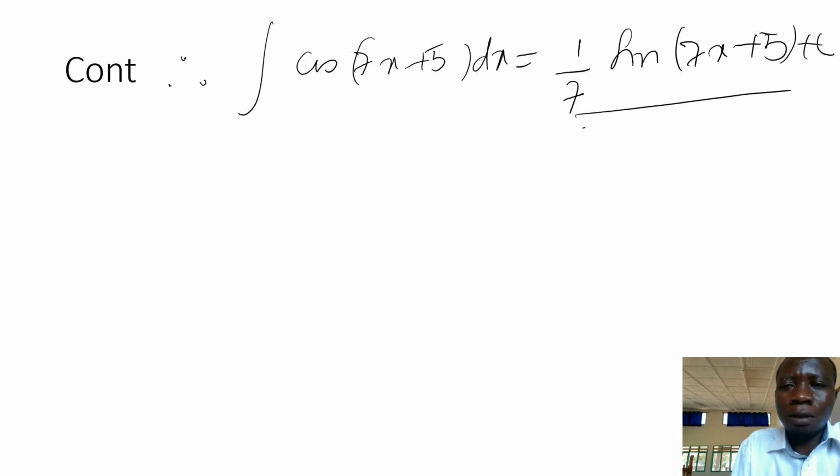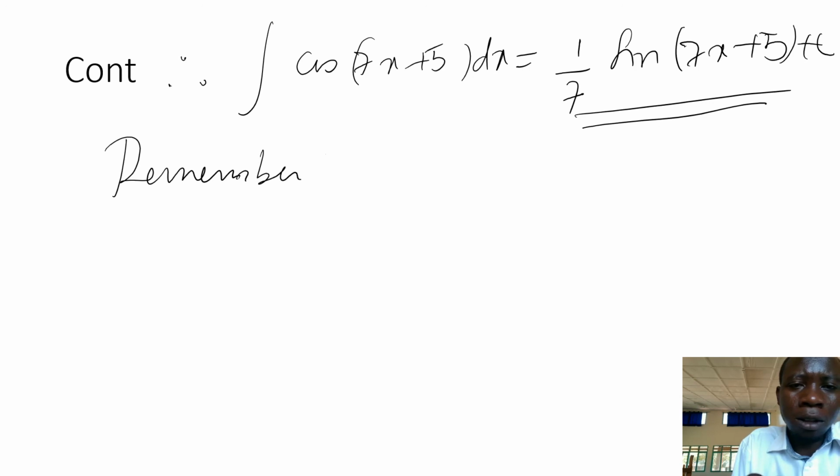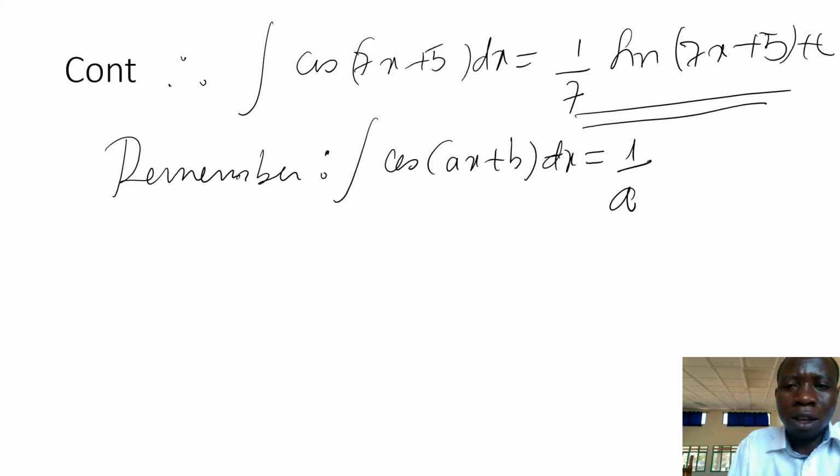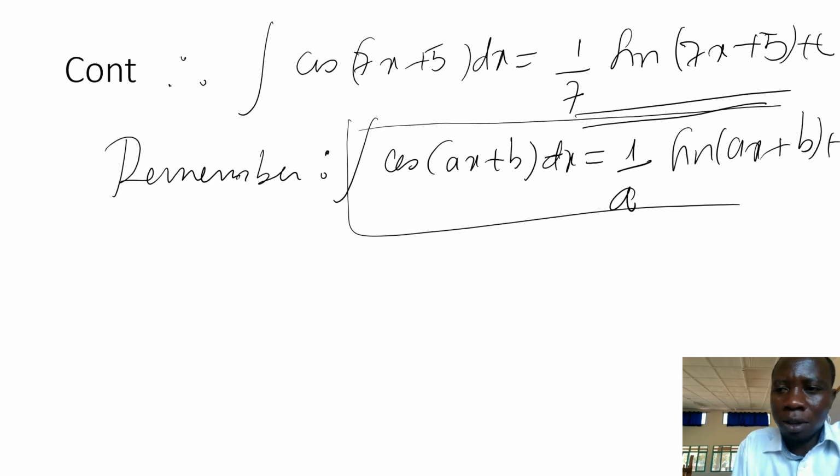We all know how we've been doing this using the formulas. Remember that the integral of cos of ax plus b dx is equal to 1 over a, then sin of ax plus b plus c. If you don't remember this formula, you can use the method of change of variables and you end up with the same answer.